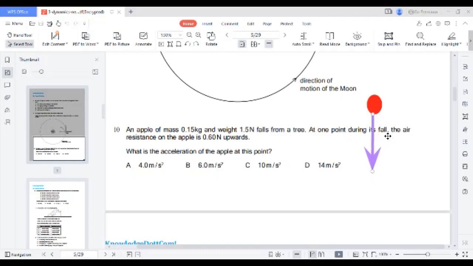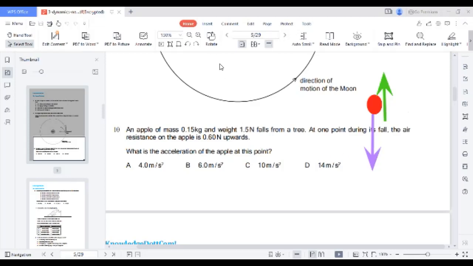And air resistance is acting in upward direction. Let's assume that air resistance is acting in upward direction like this.